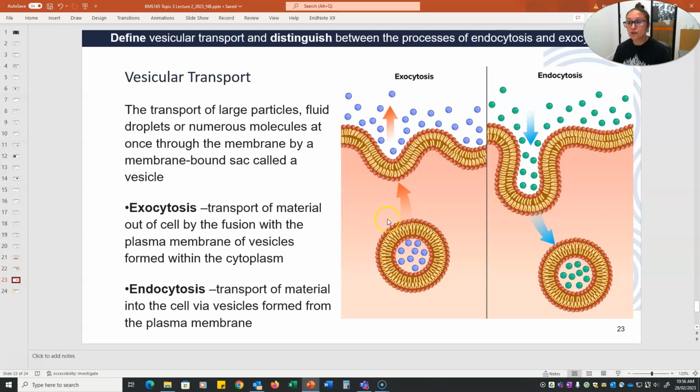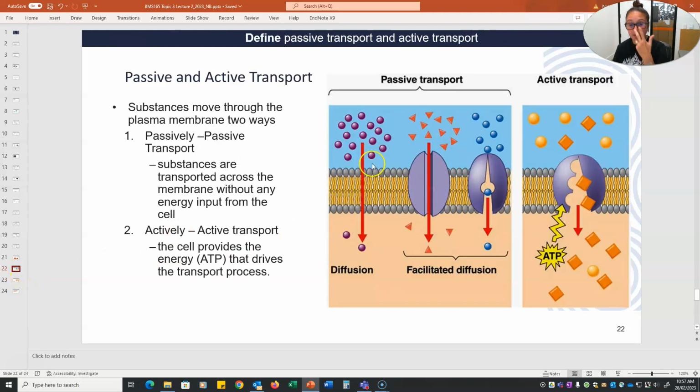And there's also other ways that we can move things through the plasma membrane. So through the plasma membrane, you can go via diffusion. You can use a protein. So if you use a protein, you can use energy. If you use a protein and you use energy, it's called active transport.